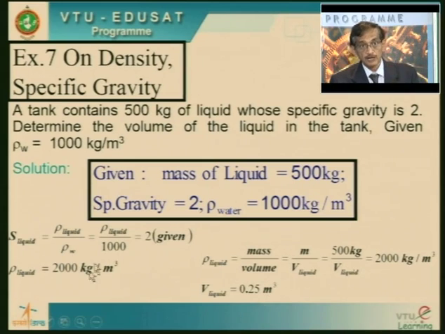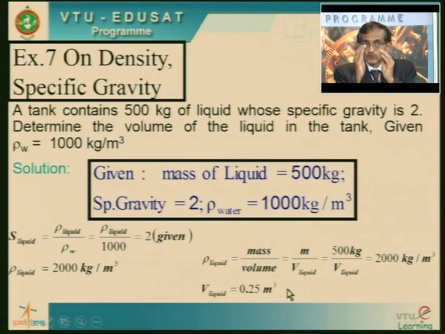I come back to the basic formula of density of the liquid, which is mass per unit volume. Mass is given as 500 kg, volume of the liquid I do not know, density of the liquid is 2000, and I solve it, we get the answer. The volume of the liquid in this tank is 0.25 meter cube.